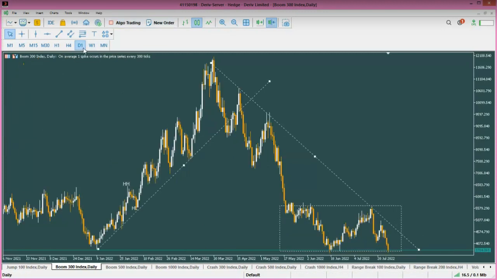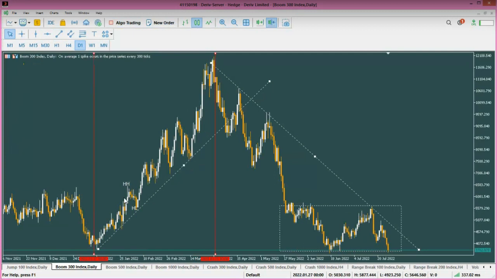Okay, as you can see, we are on our daily time frame. Let me put it like this so that we'll see which portion I am talking about. You see, from this day up to this day, before this whole thing here happened, what was the trend there?